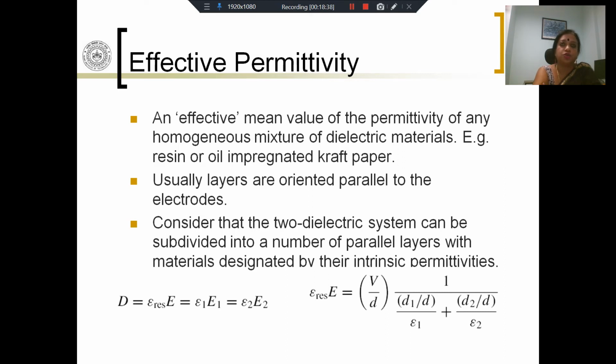It does have a reasonably good structural property, but let's say you want to improve it. So you might put in between mica layers, or other materials can be there. So you can use several layers of different materials, or you can take epoxy and incorporate micro-sized fillers. We actually do that.